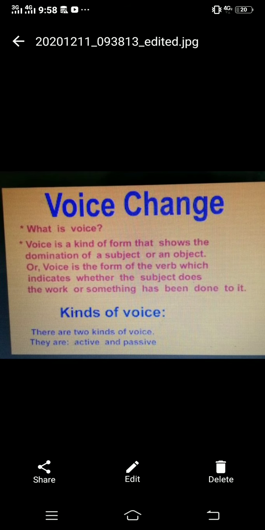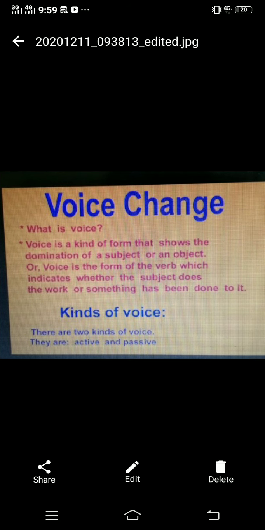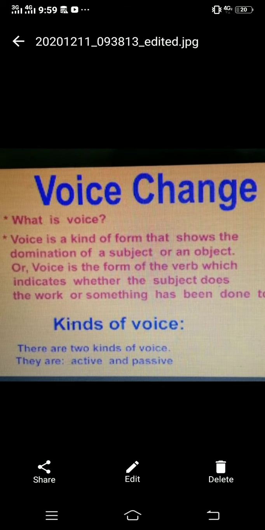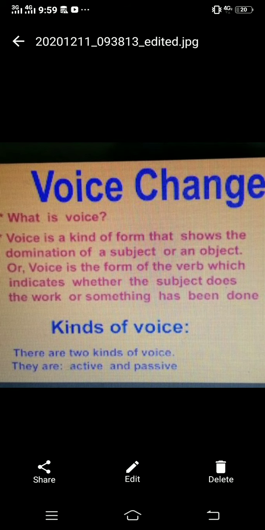There are two kinds of voice: active voice and passive voice. In active voice, the subject is addressed, and in passive voice, the object is addressed. This is the difference between active and passive voice.